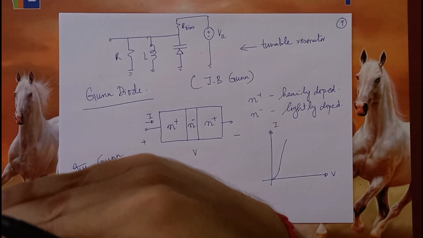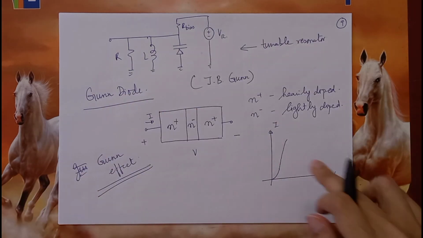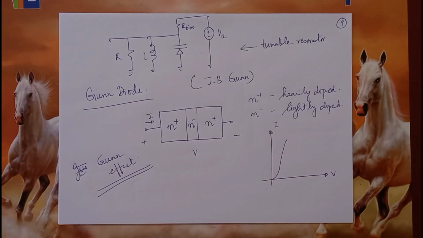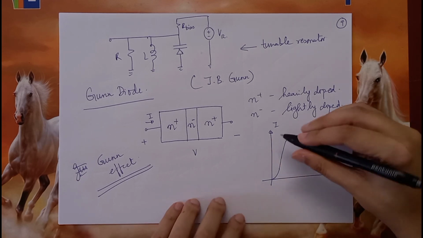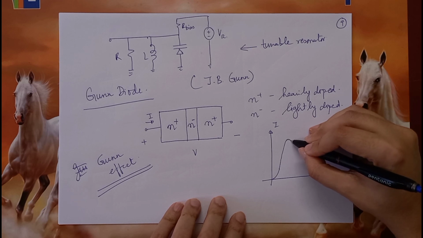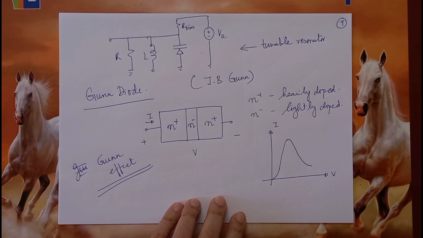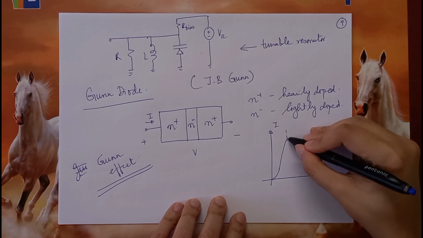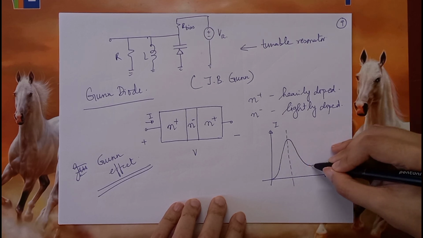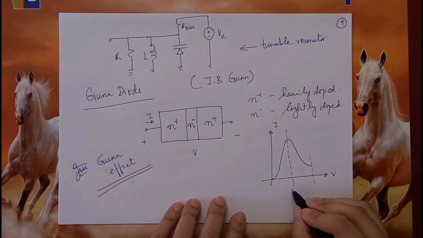This makes it difficult for the next electrons, after increasing V further, to go into the conduction band. And then the current starts dropping. This is something you would not expect in a normal diode. This is called the Gunn effect region.